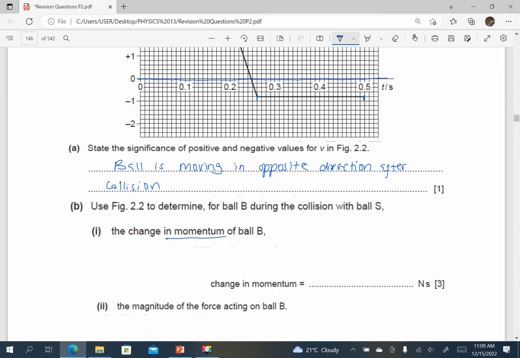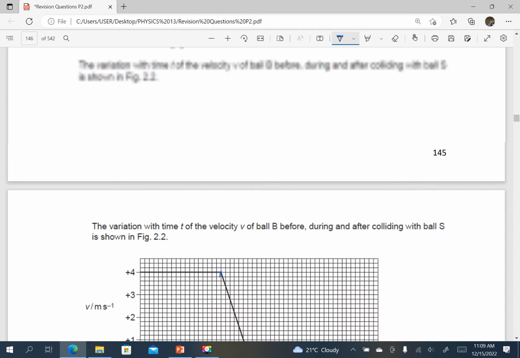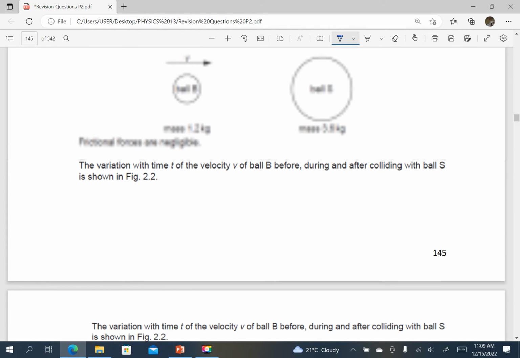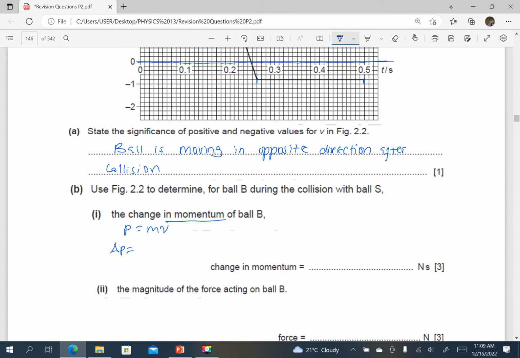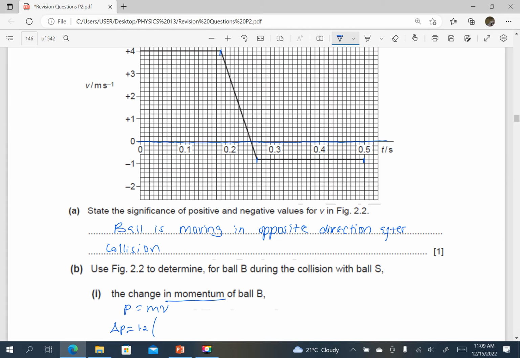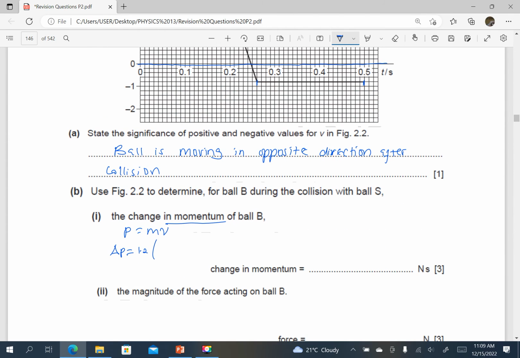Of course, momentum is mass times velocity. Now we want the change in momentum. So change in momentum is going to be the mass. Let's begin with the mass of the ball. The mass of ball B is 1.2 because this graph is for ball B. Change in velocity: before coming into contact, the velocity is positive 4, minus.